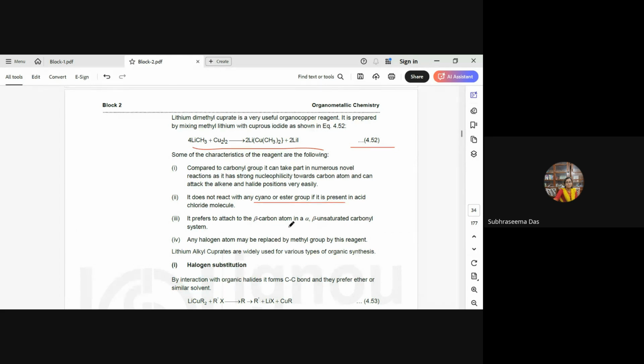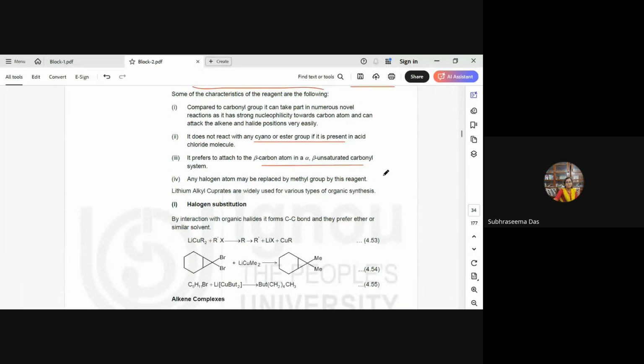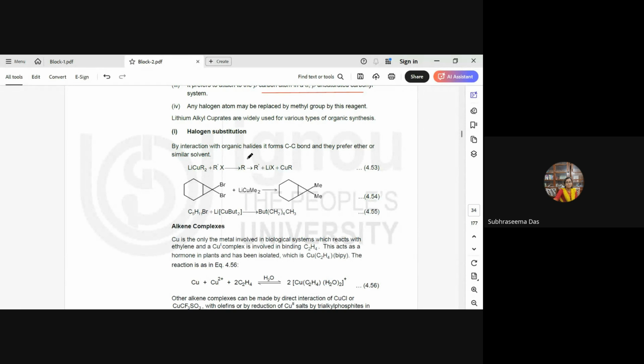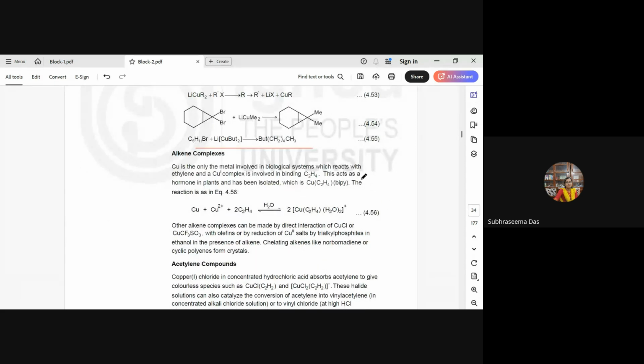It prefers to attach to the beta carbon in an alpha beta unsaturated carbonyl system, and any halogen atom may be replaced by the methyl group present in the reagent. Then halogen substitution: by interaction with organic halides, it forms a C–C bond, and they prefer ether or similar solvents. Here we can see the halogen substitution in the equations.